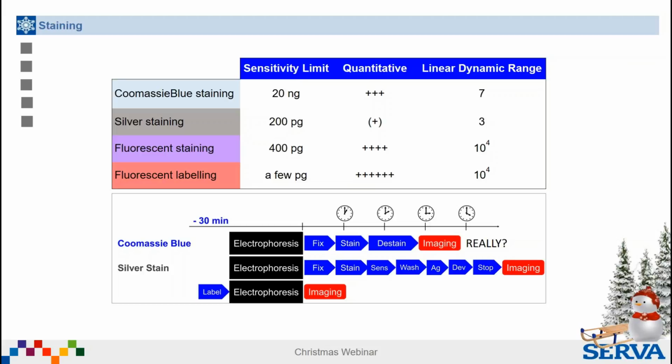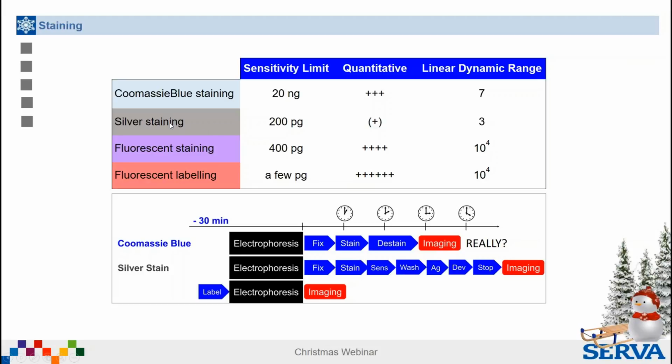But now we come to a point where you want to quantitatively measure what you have done. So Coomassie is really a good way to go for quantitative analysis, but well, you have a low sensitivity limit. Fluorescent staining and labeling, of course, are the best way to go for quantitative analysis.